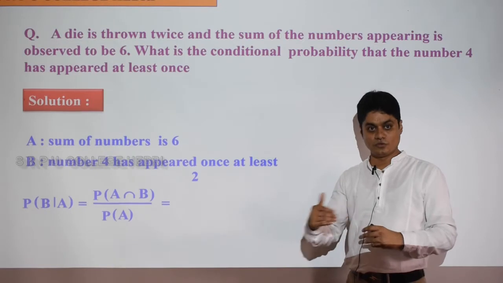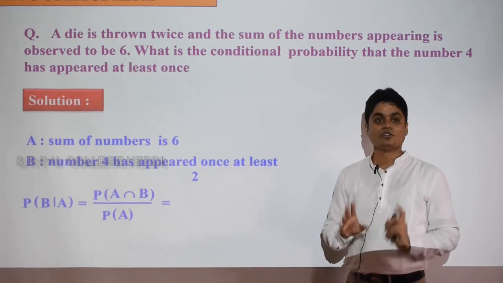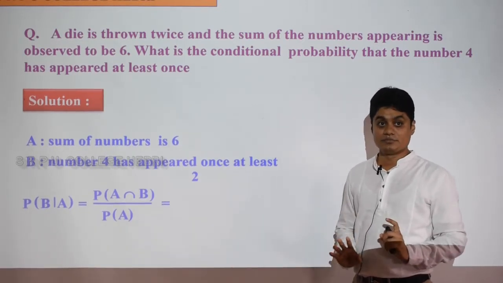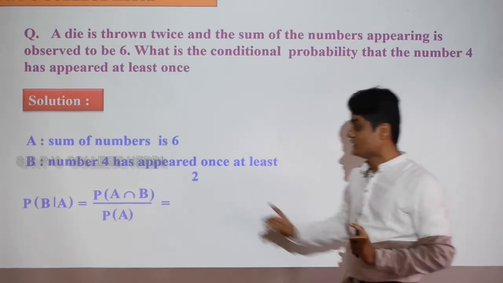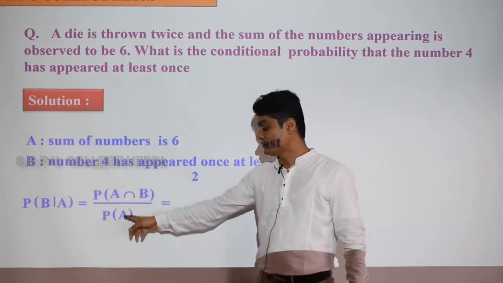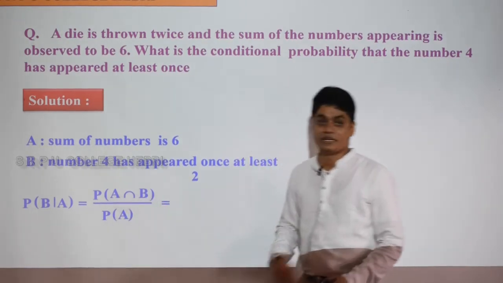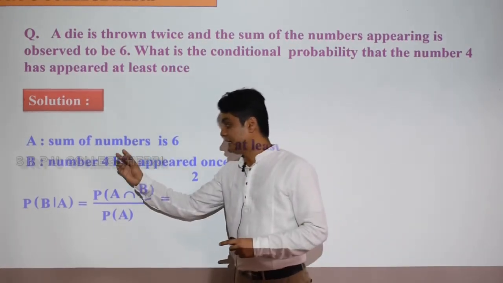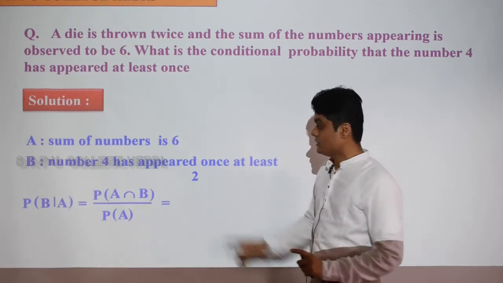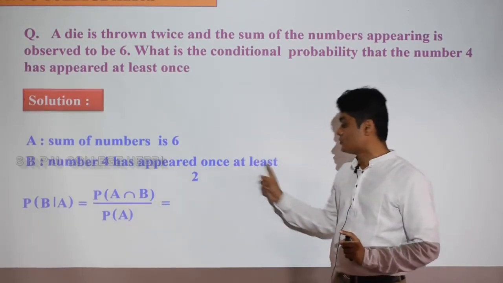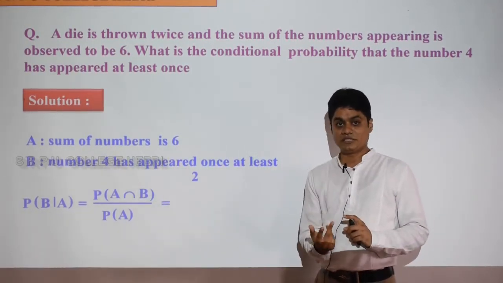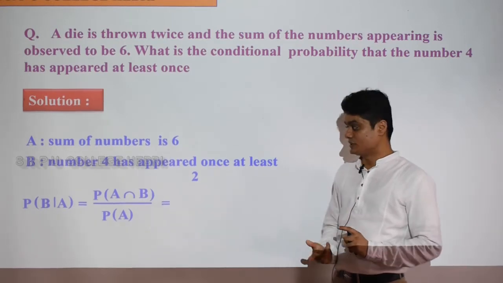Similarly 4 1 up to 4 6, 5 1 up to 5 6, 6 1 up to 6 6. So what is the total? 36 outcomes are there. Remember there are 36 outcomes. Among the 36 outcomes you have to find how many favorable outcomes are there for A intersection B. What does A intersection B mean: the sum should be 6, and at least once means minimum once, 4 may come once or twice. Remember that.